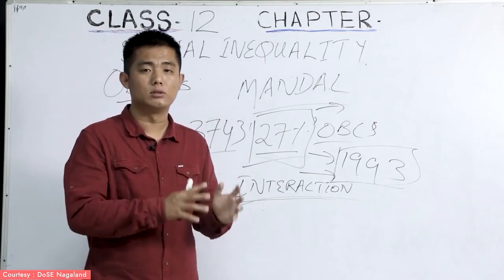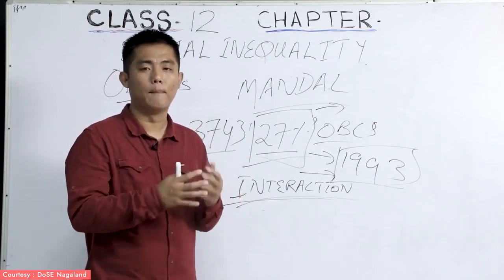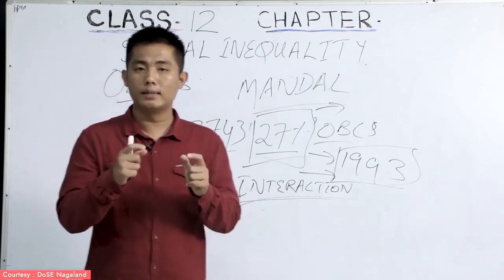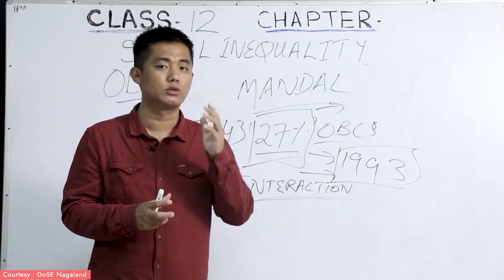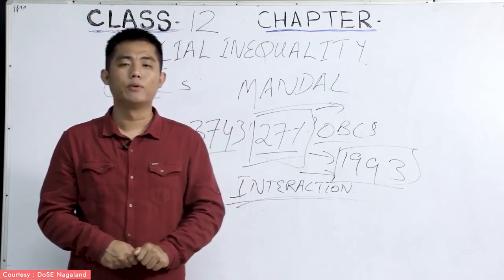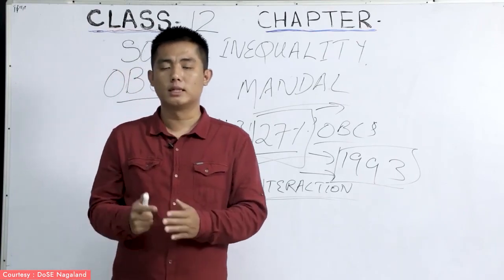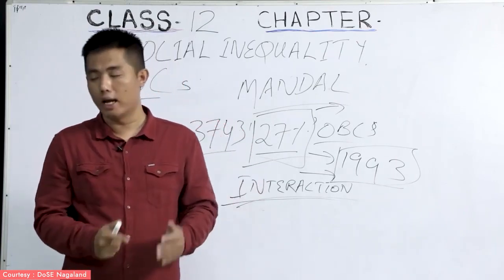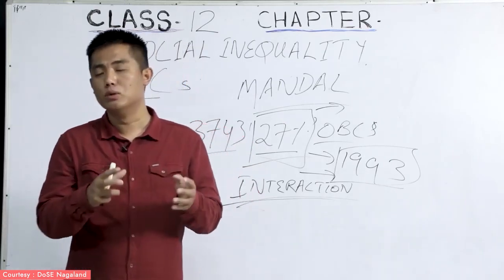Now the children of these OBCs are doing much better, and that is the reason why they could compete with the upper caste. These are some of the reasons why we can see some social issues in our society, and we can see some clashes between the OBCs and the forward caste.